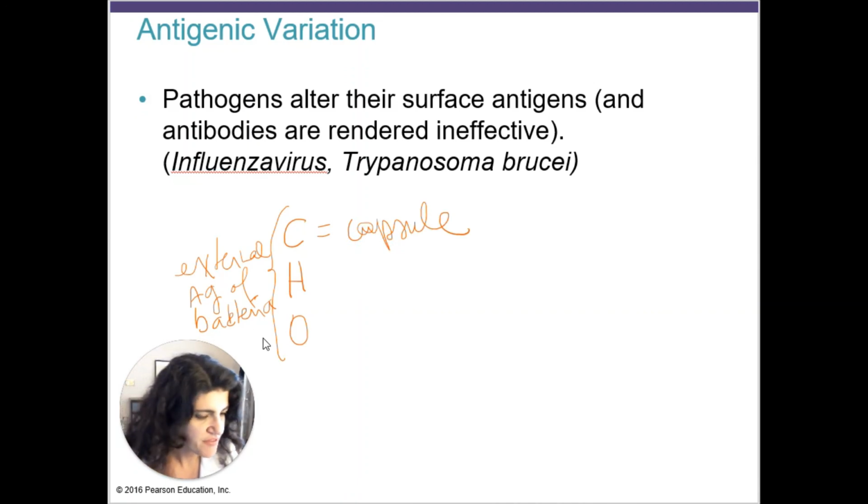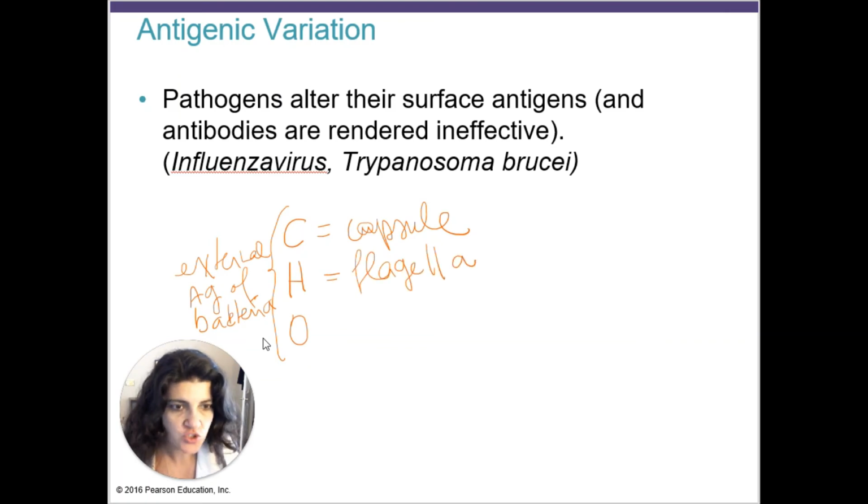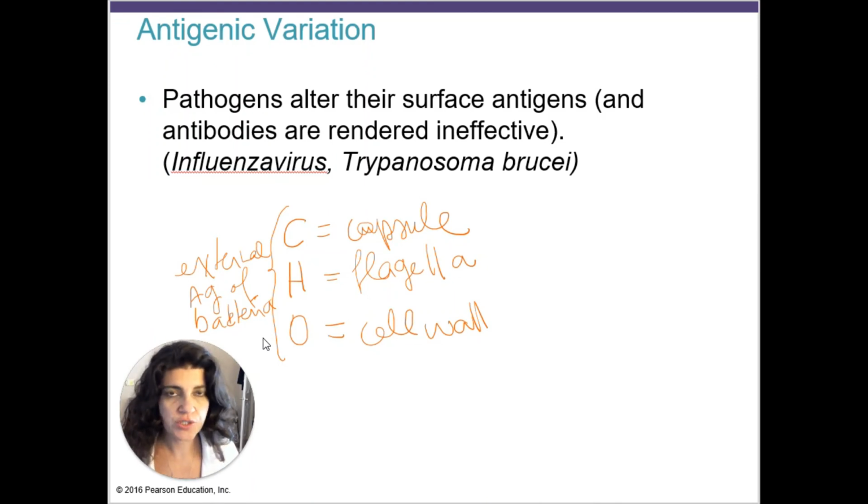And then you have the H, which is for flagella. So antigens in the capsule, in the flagella, or in the cell wall will change to fool the immune system and evade the immune response.